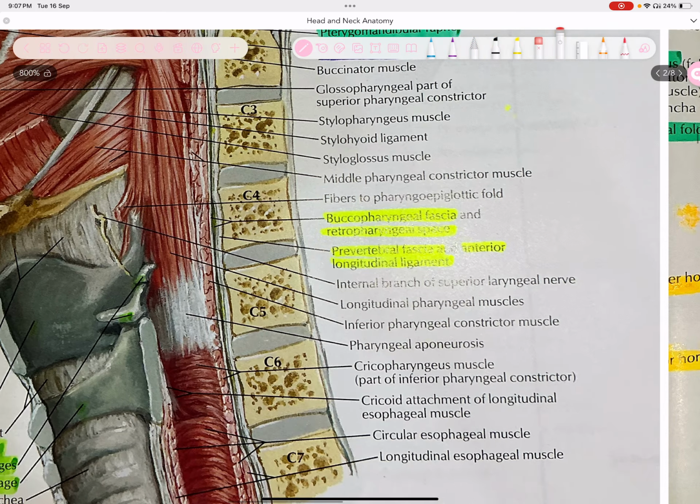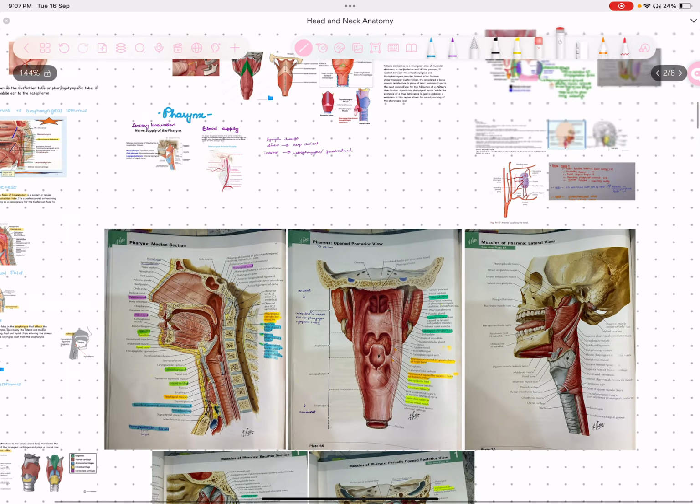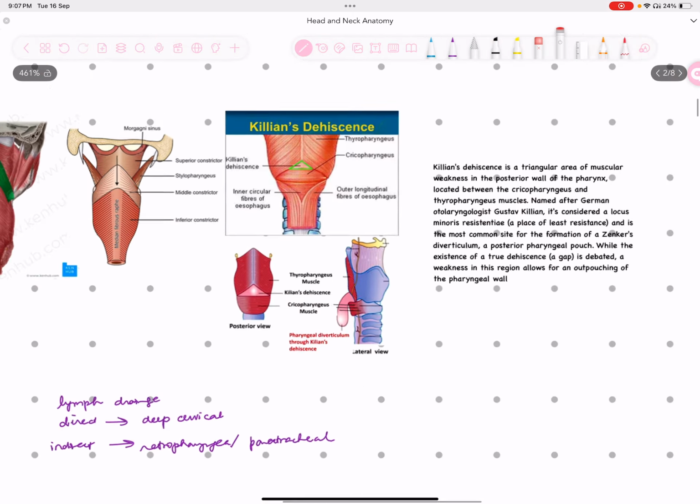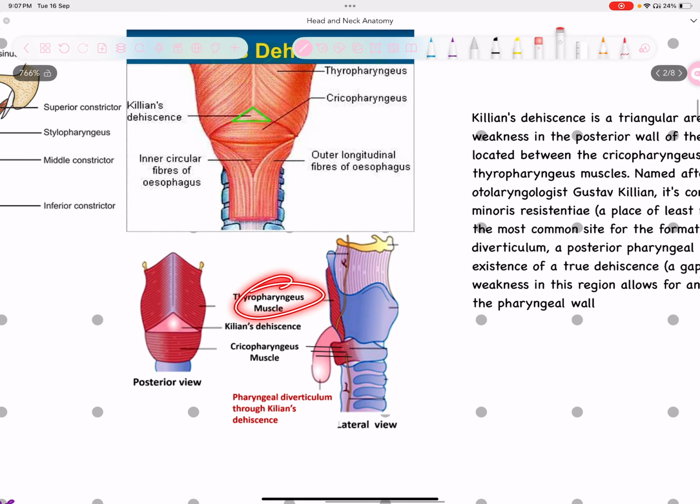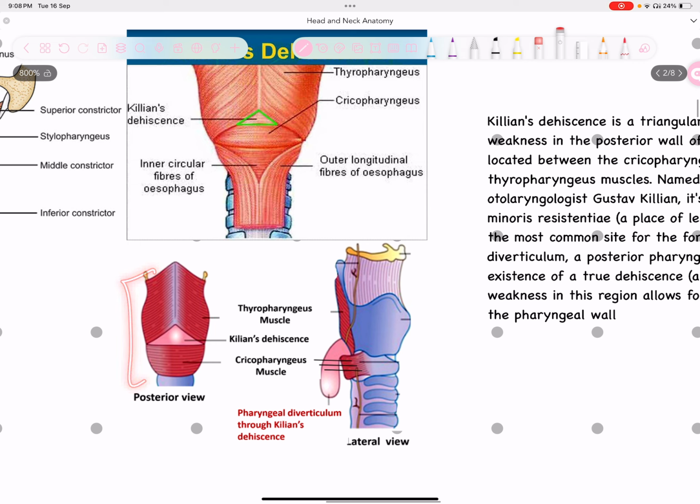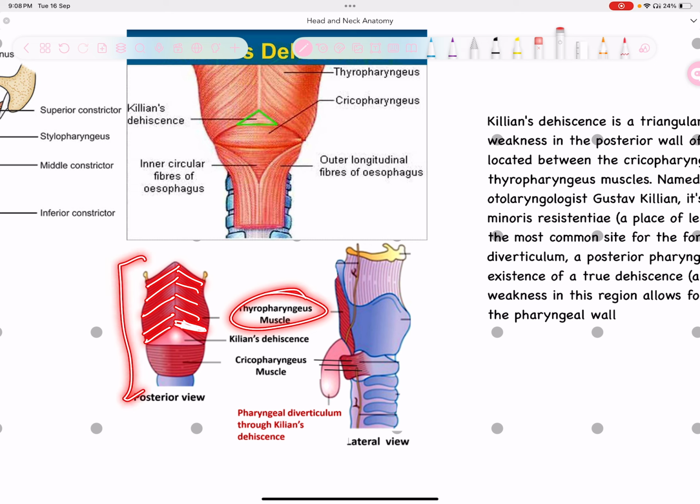And then the top part, which has the longitudinal fibers, is known as, let me open the image. Yes, thyropharyngeus muscle. So this is basically the inferior constrictor muscle. It has a top part, which is the propulsive part. This is the thyropharyngeus muscle. This is the part, right? The propulsive part of the inferior constrictor muscle.